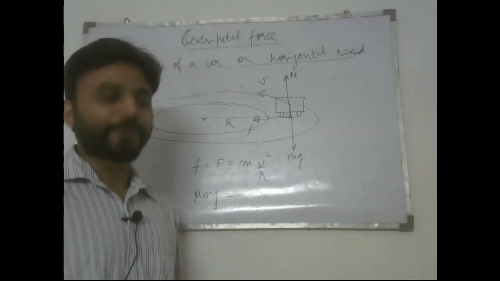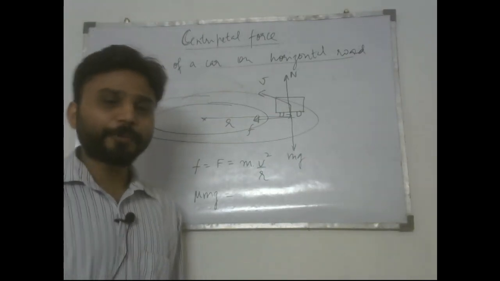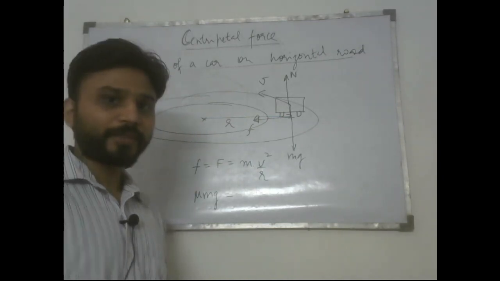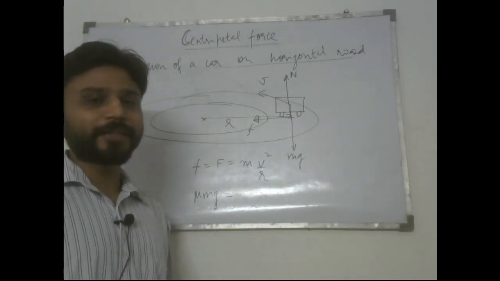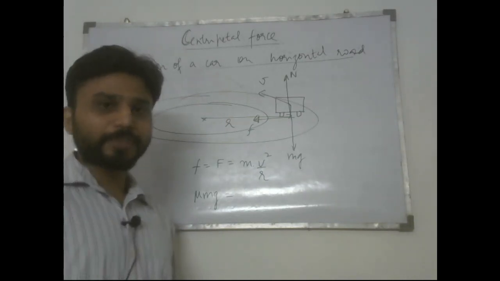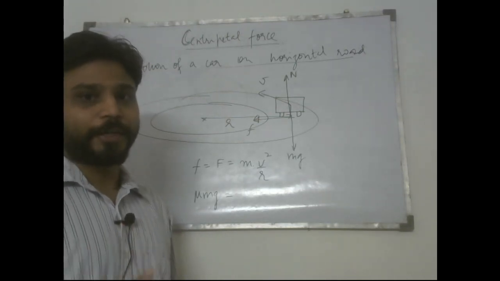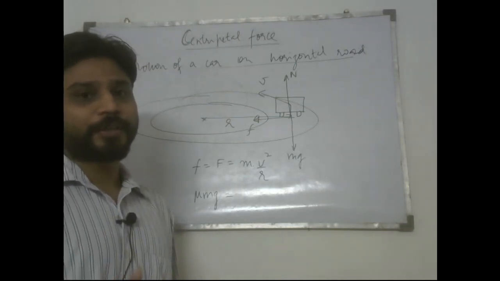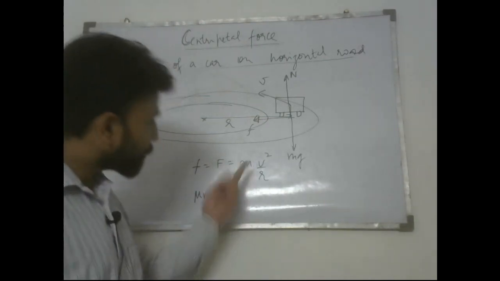It would require only small values of friction. But when we increase the speed of the car, the friction required is more. That is the point we can see easily.